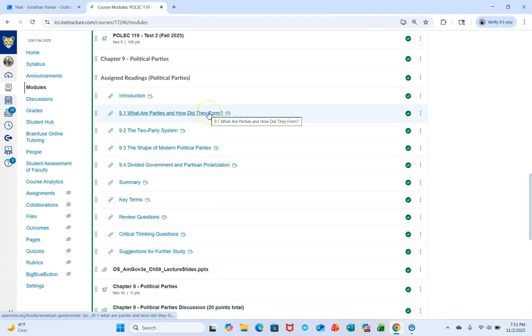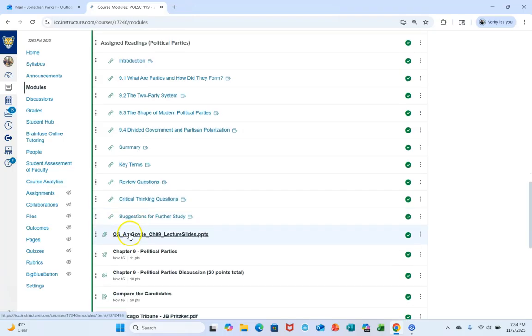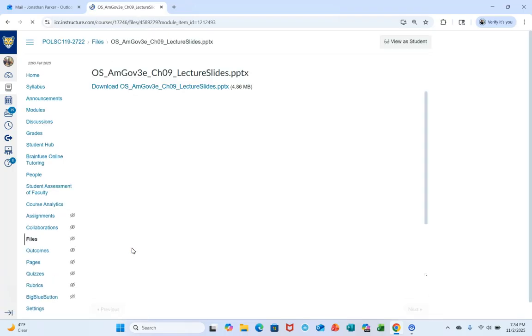As you can see, I've linked every section, and you're only reading the introduction, 9.1, 9.2, 9.3, 9.4. Then it's the wrap up for the chapter. It's everything else. I have a physical copy of this book, and no chapter in this textbook is more than 14 pages. So please don't be frightened by the links. Then we go into the lecture slides.